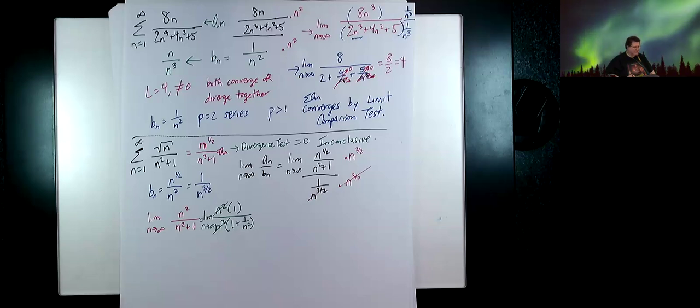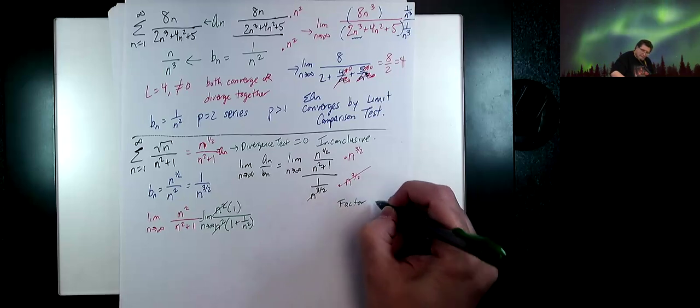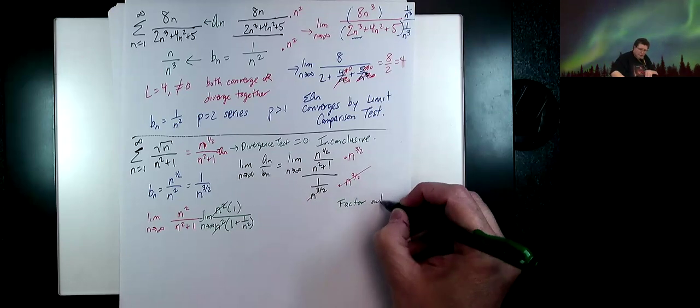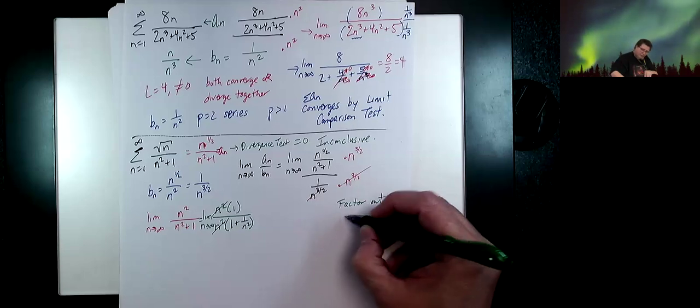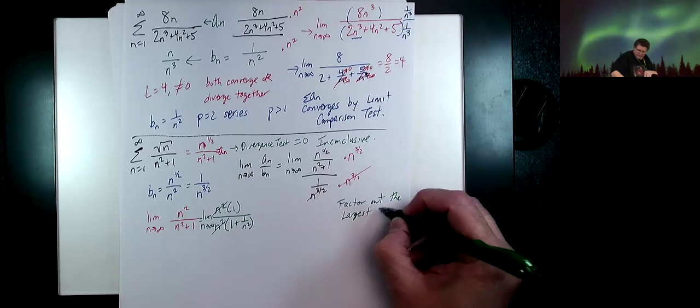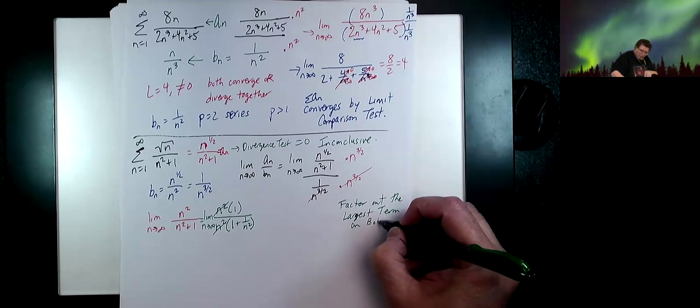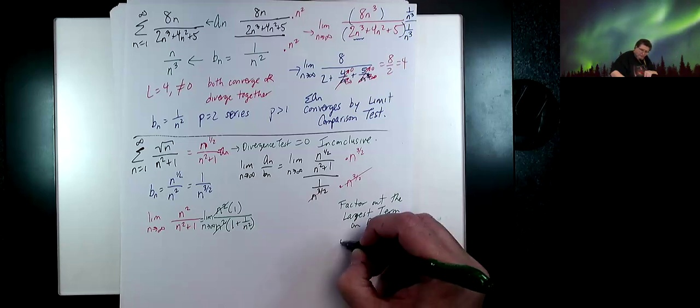Does that, you guys see that? Factor out the n squared. It might be harder to factor out, but if you're good at factoring, it's not a big deal. So we either factor out the largest term from top and bottom, or largest term from the bottom, or multiply by the reciprocal.